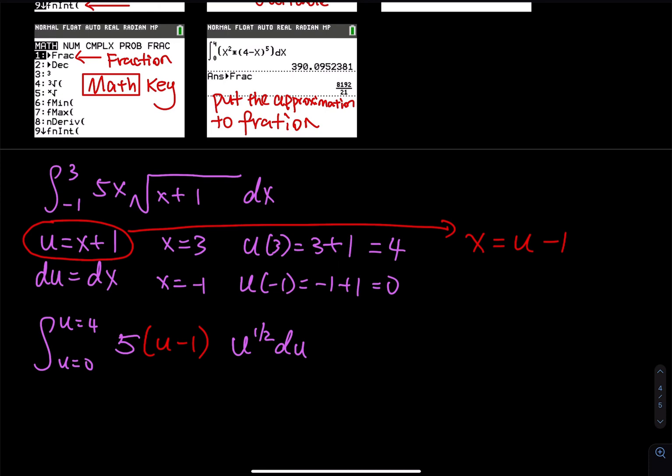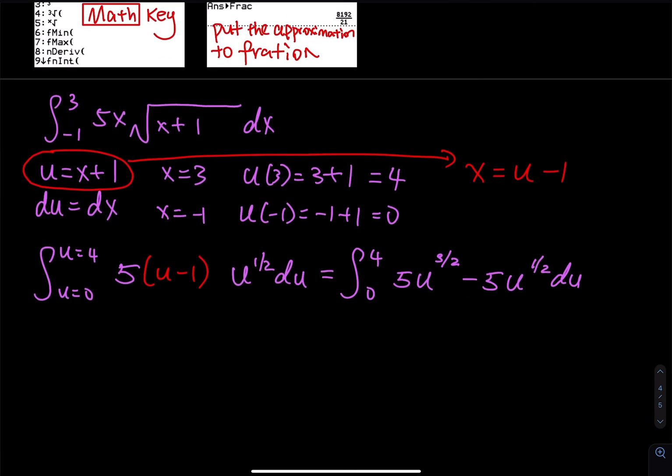So everything is in terms of u. And then you have the integral from 0 to 4, distribute. So you have 5u to the 1 plus 1/2, that is 3 over 2, and then minus 5u to the 1/2 du, and then you integrate.